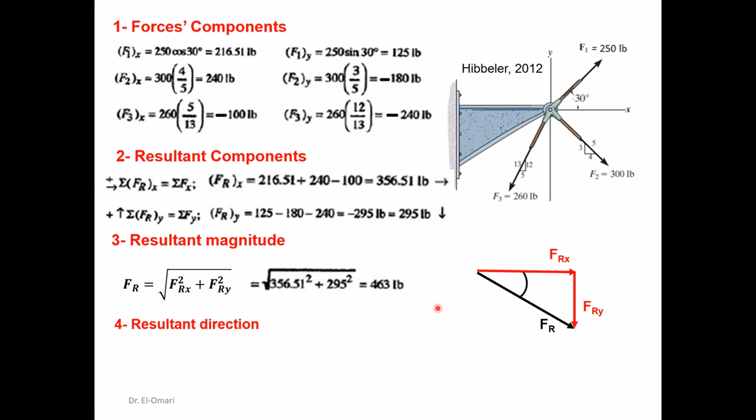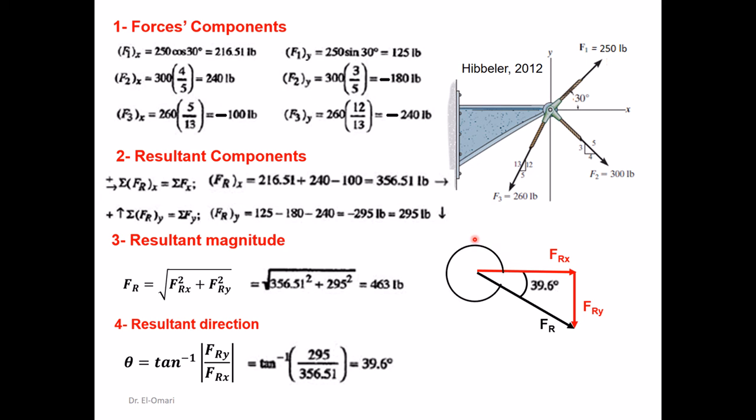So if this is the angle that we need to find, then we can use the inverse tan, opposite over adjacent, and then find the angle is 39.6. In some questions, it will ask you to find the angle measured counterclockwise from the positive x-axis, which means asking about this angle.